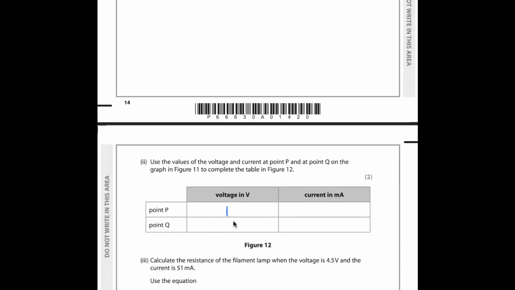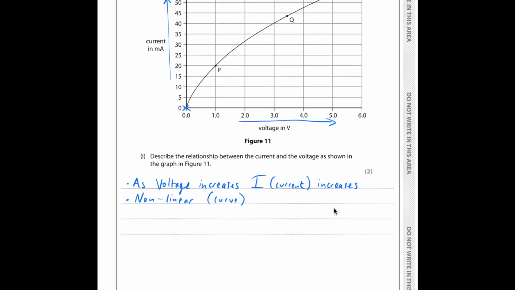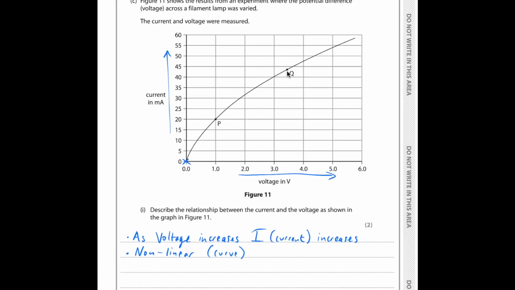And at point Q, it's not perfect. Right, what's that? About 3.4, 3.5. And what's that? If that's 40 and that's 45, I'd say that's about 44.